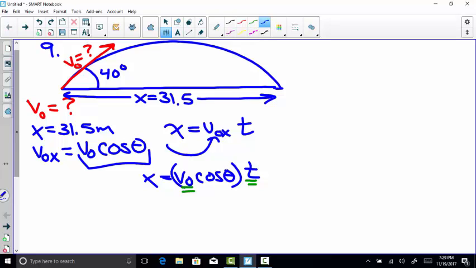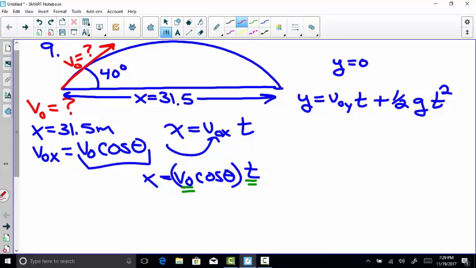One of the equations I can look at is y equals v initial y t plus 1/2 g t squared. A few things I know about this equation is that y is going to equal 0, because we start at y equals 0 and we end at y equals 0 if we choose our world this way.